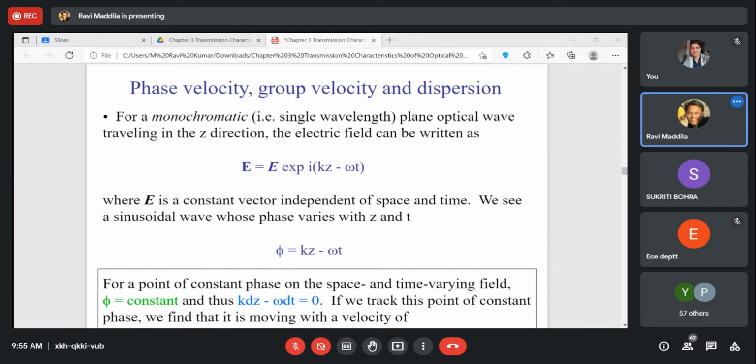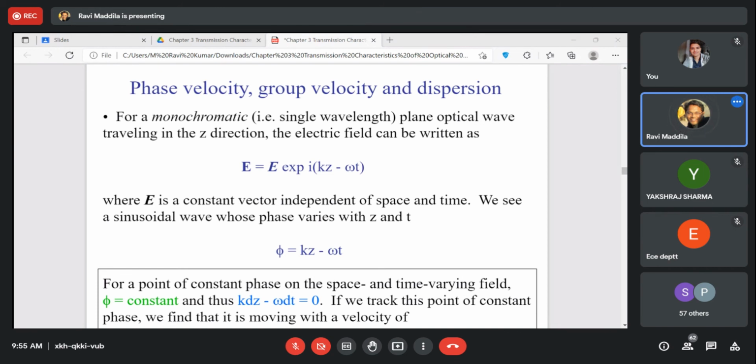And what is the meaning of omega here? Frequency. Omega is not just frequency. Yes, Yashraj? Sir, angular frequency. Yes, it is angular frequency. Frequency is f and 2 pi f is omega, which is angular frequency.